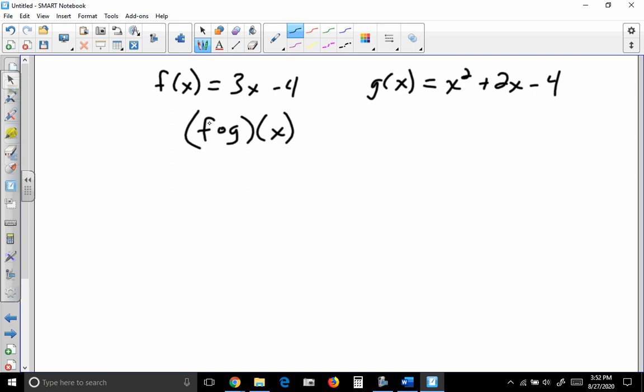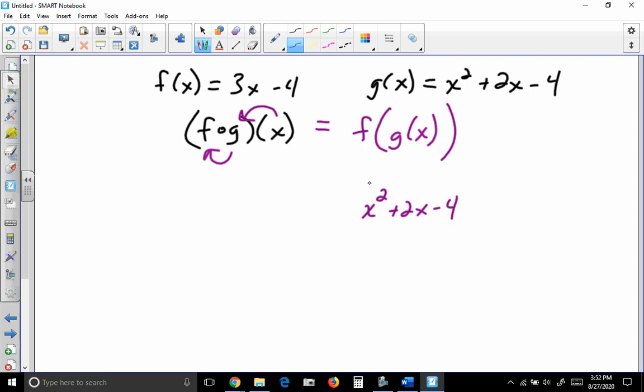So if we're asked to find f of g of x, x is the input for g, and then that goes into f. So we don't have a number for g, so we can't get a numeric value, but we know that g is x squared plus 2x minus 4, and we're just substituting g of x for that. So that's what's going to go into f.